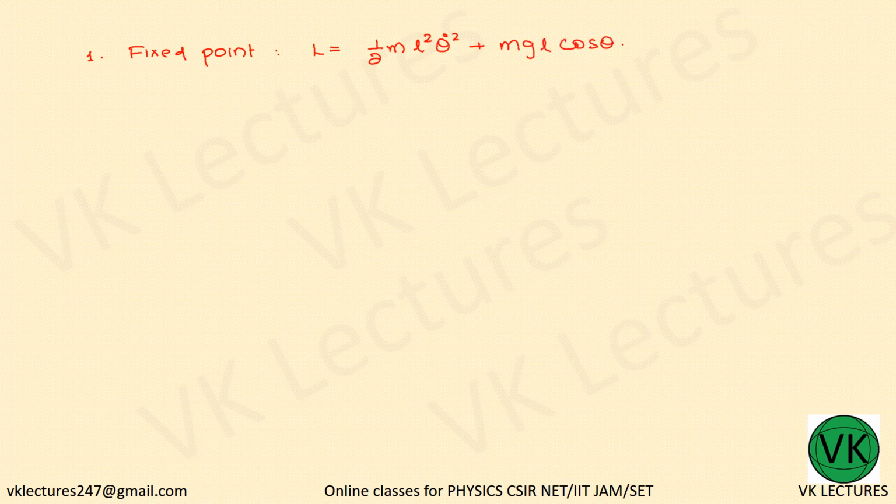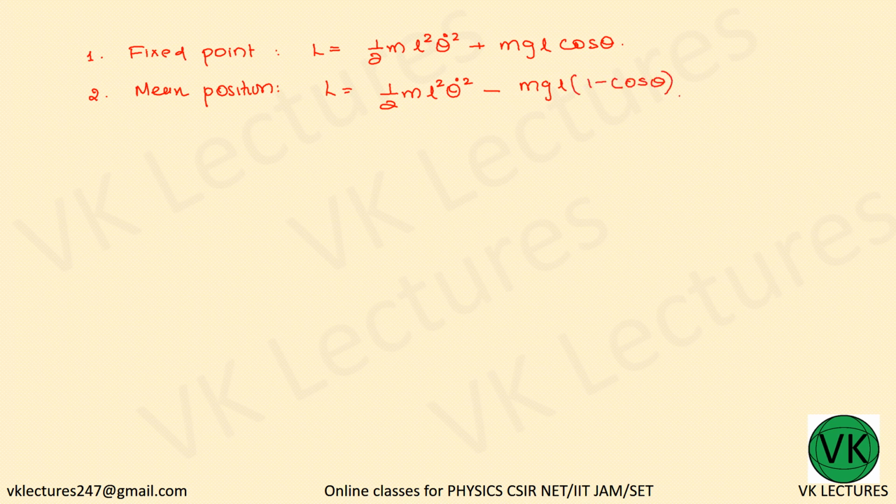And from the point of view of the mean position, we have the Lagrangian L is equal to half m L square theta dot square minus mgl into 1 minus cos theta.